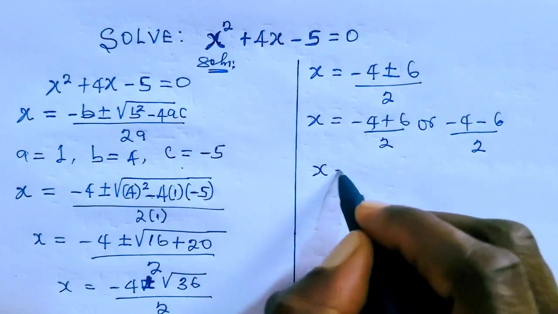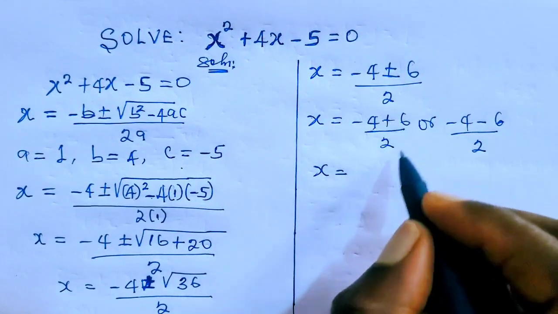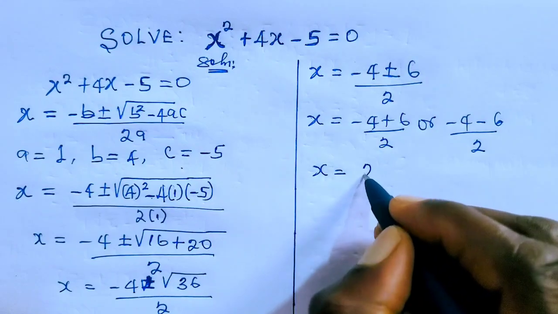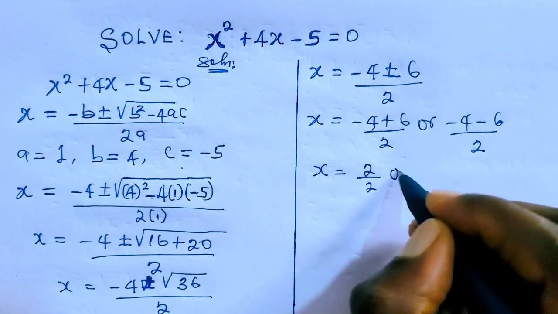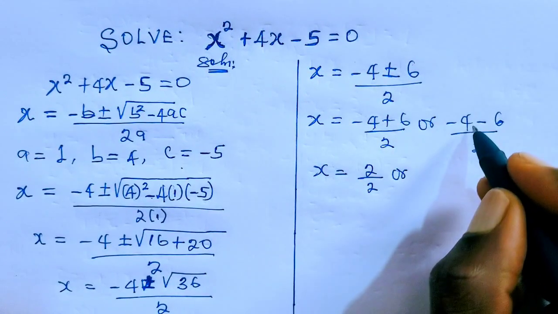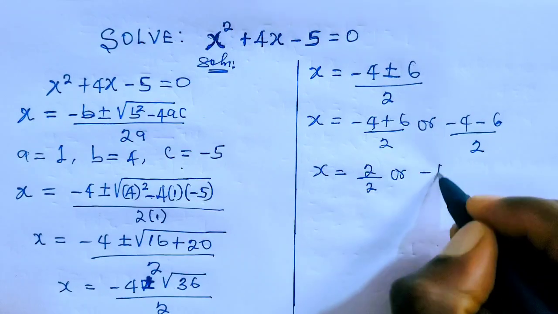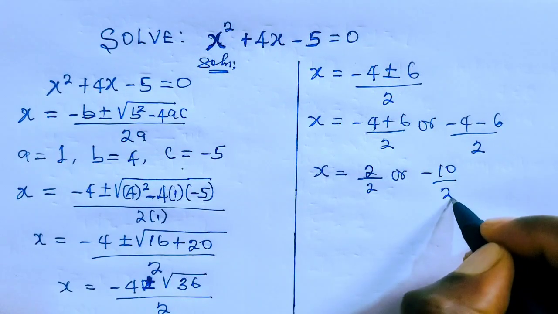Now we have that x equals minus 4 plus 6, that will give us 2 all over 2, or minus 4 minus 6, that will give us minus 10 all over 2.